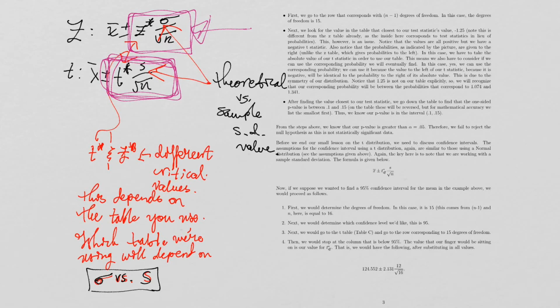So I'm going to erase everything. Let's throw our formula back up on the screen. We've got confidence interval. It'll be x bar plus or minus t star s over root n.